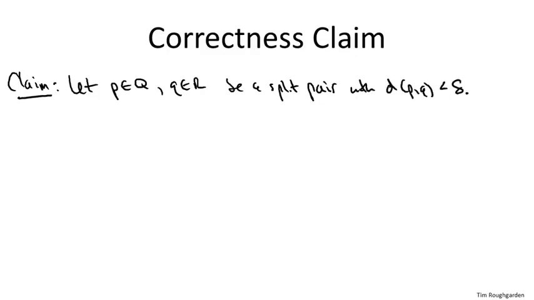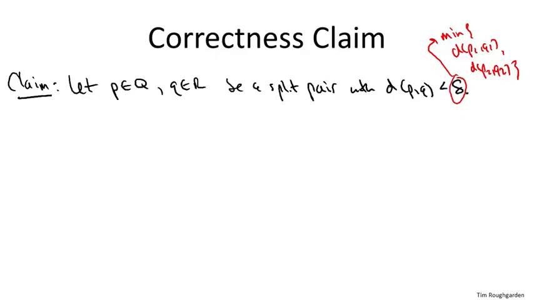What delta is, by definition, is the minimum of d of p1 q1, where p1 q1 is the closest pair of points that lie entirely in the left half of the point set Q, and d of p2 q2, where similarly p2 q2 is the closest pair of points that lies entirely inside of R. So if there's a split pair with distance less than delta, this is exactly the unlucky case of the algorithm. This is exactly where neither recursive call successfully identifies the closest pair of points. Instead, that closest pair is a split pair.